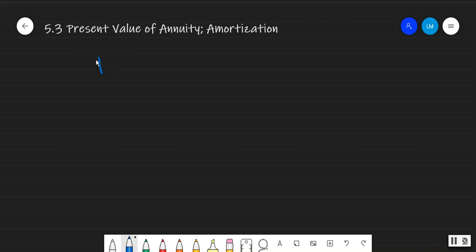Now, recall that with the future value of an annuity, it was the sum of all these payments multiplied by 1 plus i to the n minus 1, divided by i.